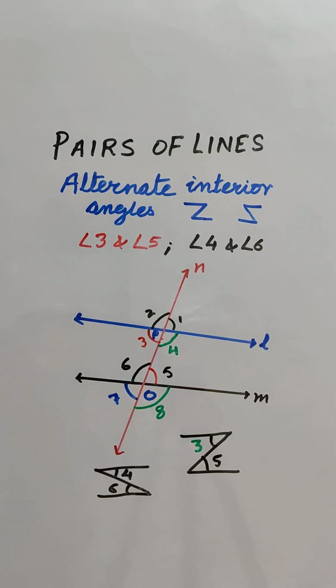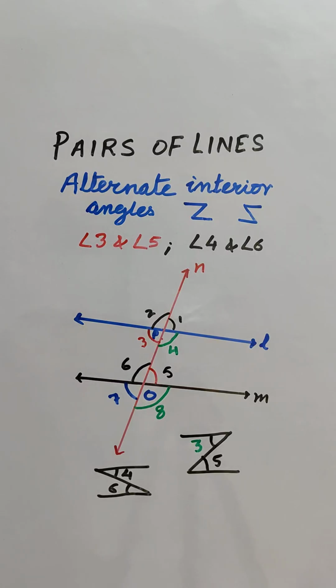Alternate interior angles. A pair of angles in which one arm of each of the angles is on the opposite side of the transversal, like this or this, and the other arm is segment PQ, is called a pair of alternate interior angles.